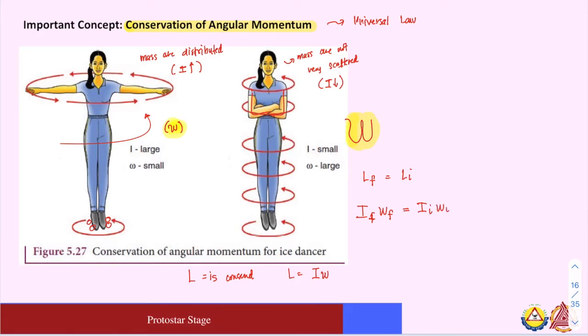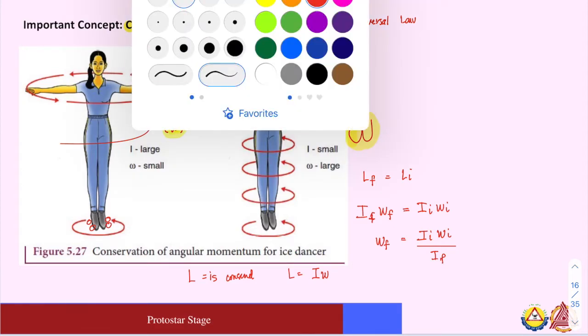Now, if you are going to find the final velocity, you just have I initial, the moment of inertia initial, times omega initial, the angular velocity, divided by the final moment of inertia. So for your final moment of inertia, of course, it decreases.